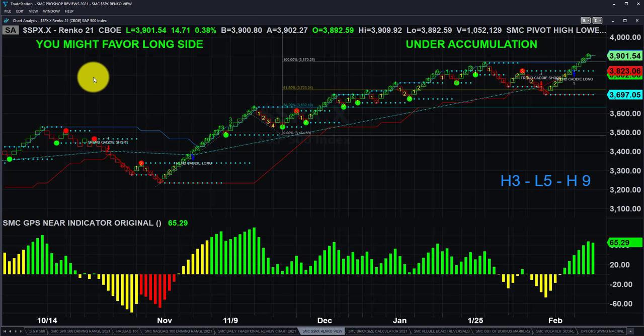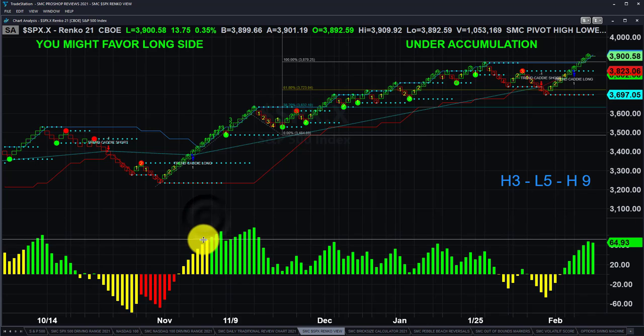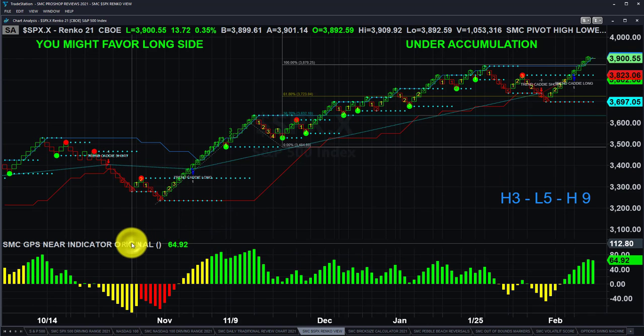And this tool as well tells us if the underlying, in this case the S&P, is under accumulation or under distribution. We even have here the brick value. This is the GPS indicator. This is not MACD. This is a proprietary indicator to us.